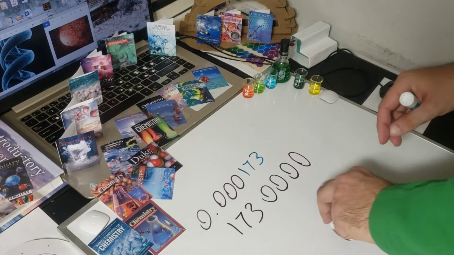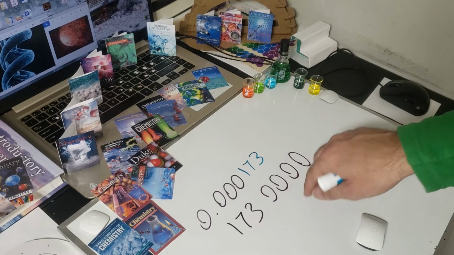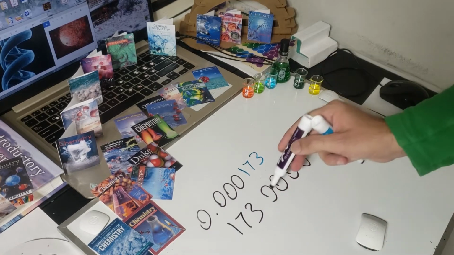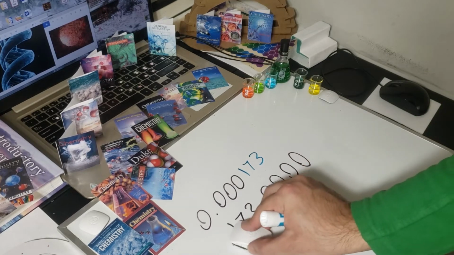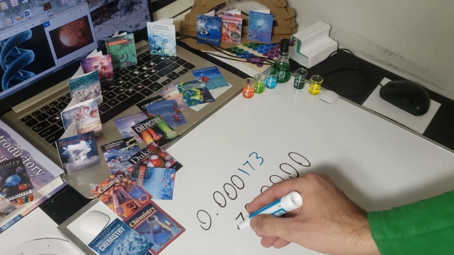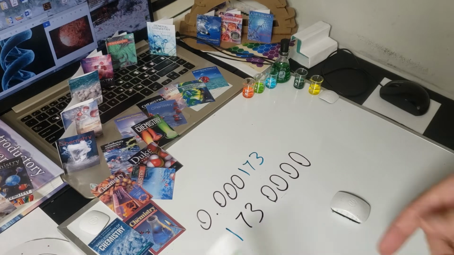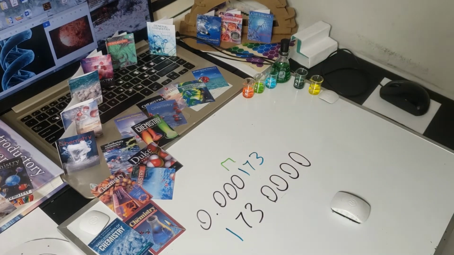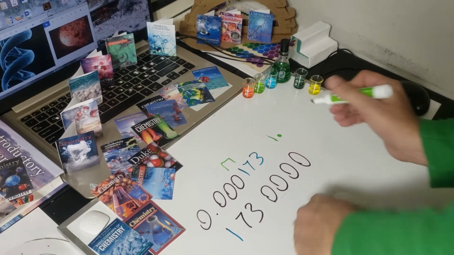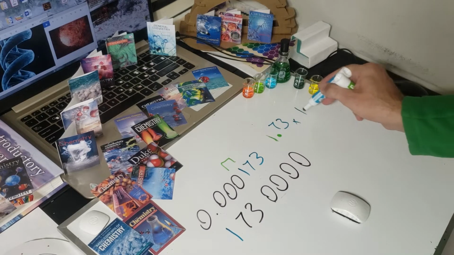So I don't count the zeros that are preceding. And for this, if I want to express this number, I have to count all this. But the only one that I colorize is this one. So the first digit, that is this one, I'm going to say 1.73 times 10.